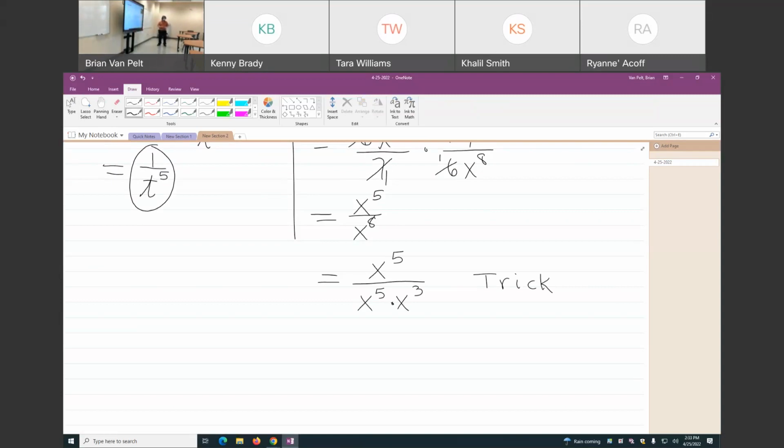Took that x to the eighth and broke it up in a very, very interesting way. Why would I choose that way, do you think? What's left in the numerator? No, in the numerator. Oh, no, 1 is the third. Positive exponent too.